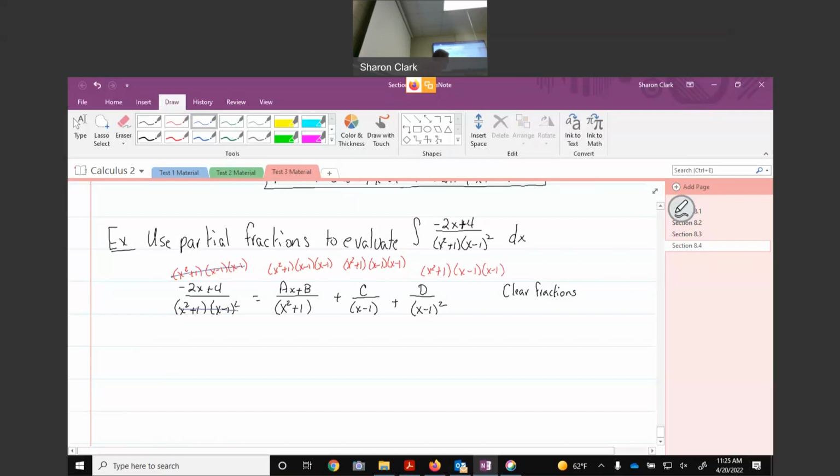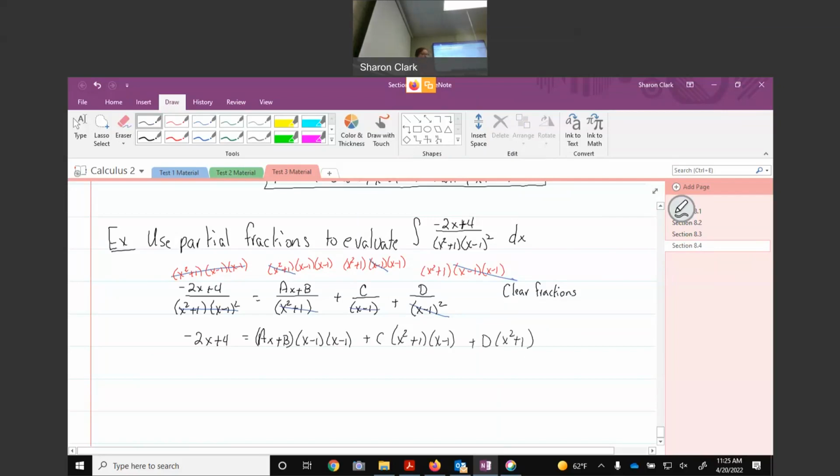That cancels with that. That cancels with that. That cancels with that. That cancels with that. So I have negative 2x plus 4 equals ax plus b times x minus 1 times x minus 1 plus c times x squared plus 1 times x minus 1 plus d times x squared plus 1.